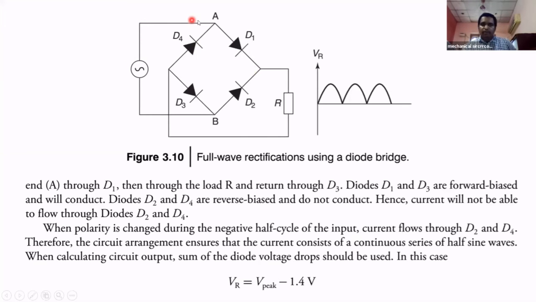The first cycle is A, D1, resistor, and D3 to B. The second cycle is B to D2, D2 to R, R to D4, D4 to A. Here we get both positive and negative cycles in one direction only. We can also get the negative direction by changing the arrangement of the bridge, based on these 4 diodes.